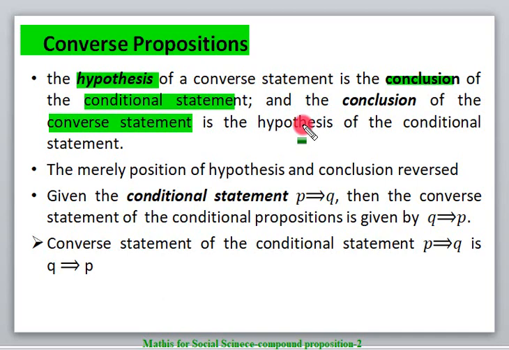A converse statement is a statement converted from a conditional statement. So, what is a converse statement? In the converse statement, the places are exchanged: the hypothesis and the conclusion are reversed.